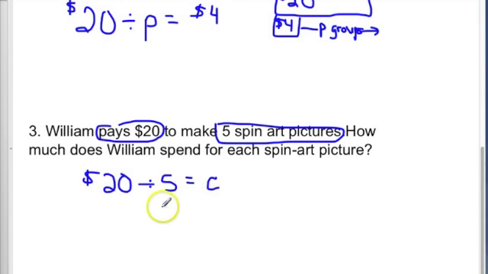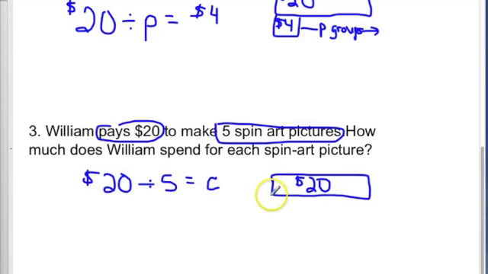Now, in order to model this, the parts that we know: the number in all, the total amount of money in all, is $20. Okay? And we also know that the number of pictures that he's going to make is 5.